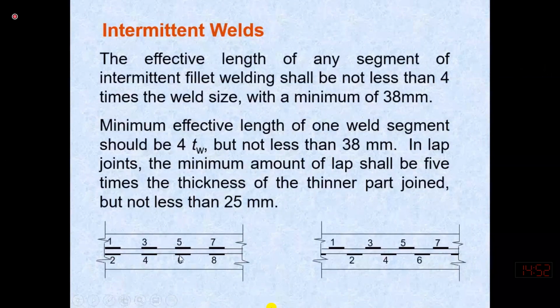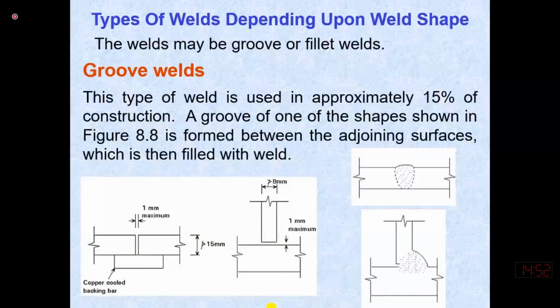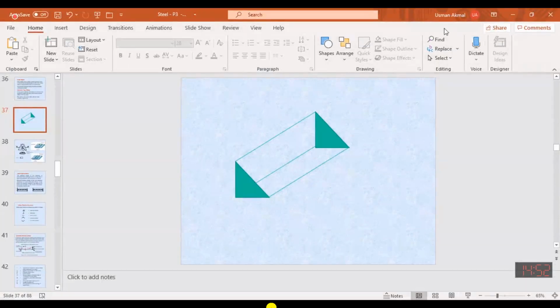So intermittent weld, I will show you. For example, you can say that I want to make an I section with the help of 3 plates. Let me sketch the diagram on the same page.